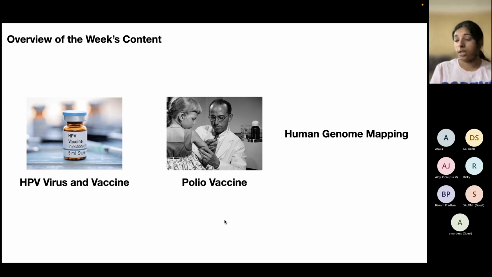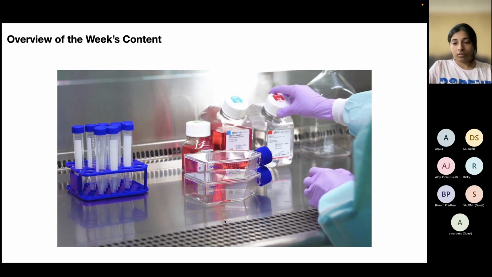The human genome was mixed along with that of mice, and then randomly injected into cells. So there are certain regions in which the human gene is not present, and based on that you can find out, okay, this protein is not being expressed, which means that this is because of this sequence in the DNA.